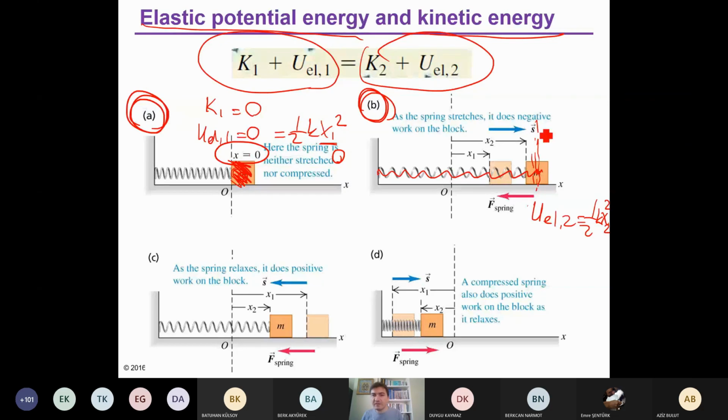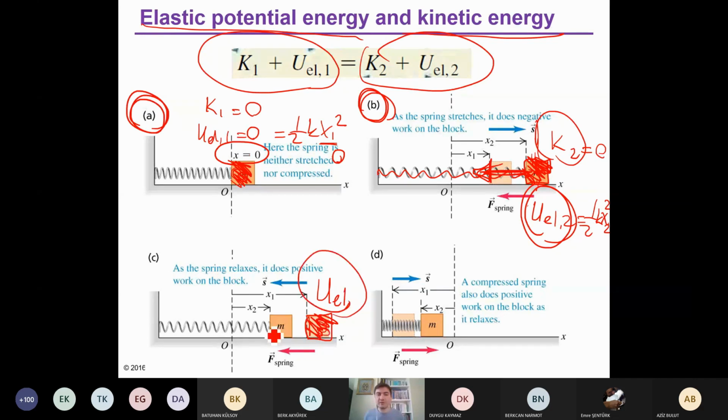Whenever you release this box, this elastic potential energy will be converted to kinetic energy, and this box will have a certain velocity. So as here, when you release the box, due to the stored elastic potential energy in this condition, the elastic potential energy will be converted to kinetic energy, and there will be velocity of the box.